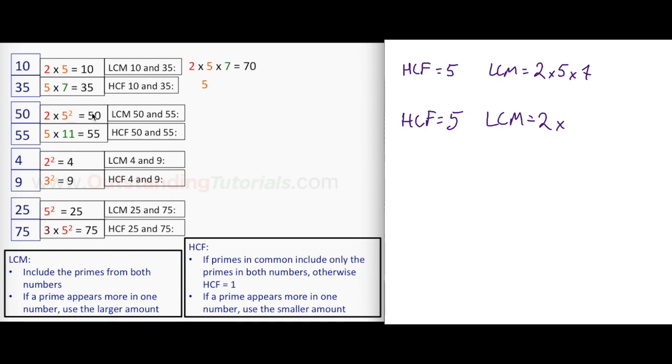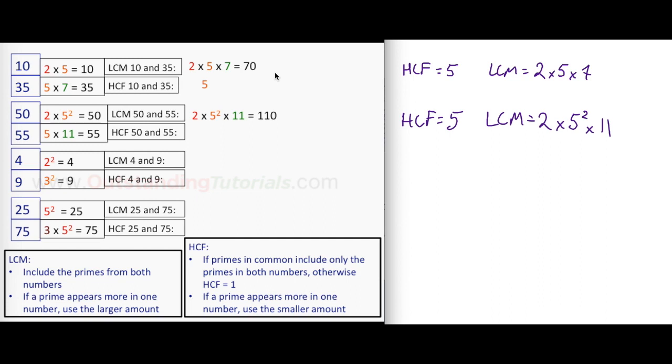So I'll pick 5 squared, times by, and then you have to include all the primes for this one, so times by 11. Okay, 2 times 5 squared is actually 110. So 110 will be the lowest common multiple. You don't even have to write down all the times tables. You can just work it out from the primes, and this is good when the numbers get large.